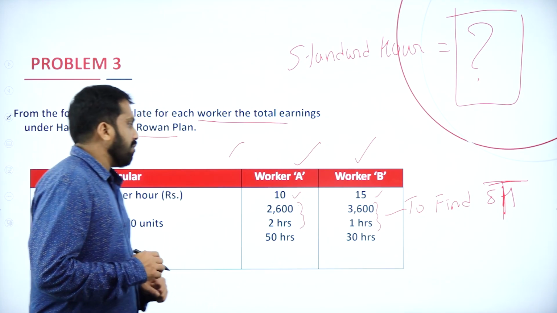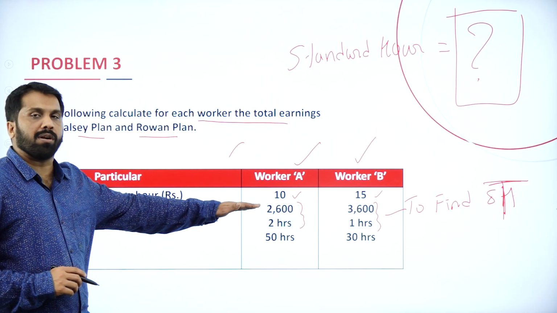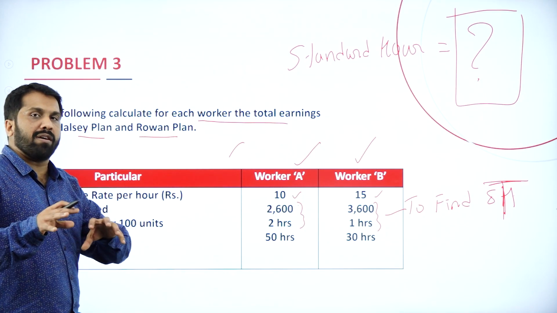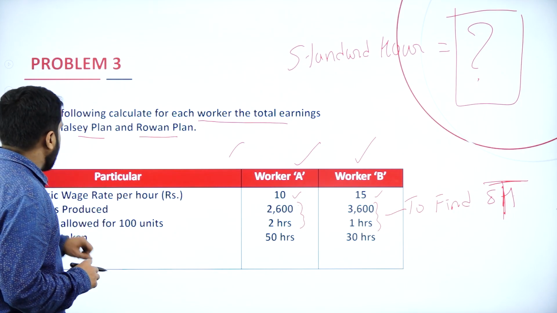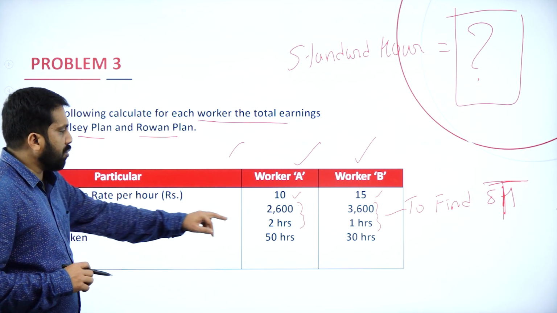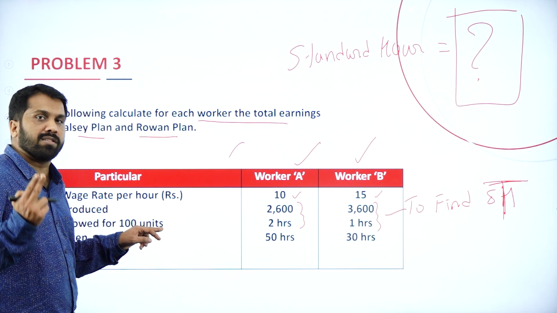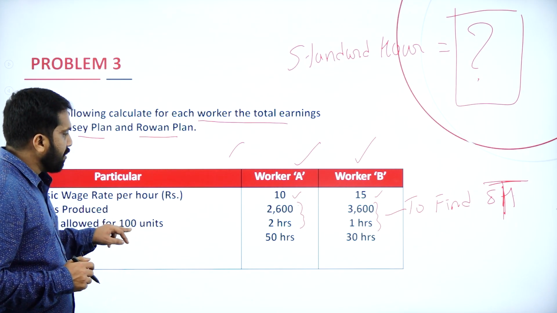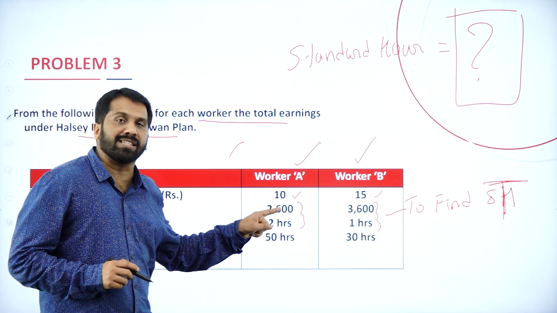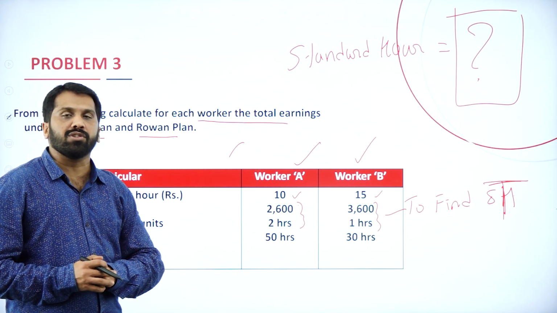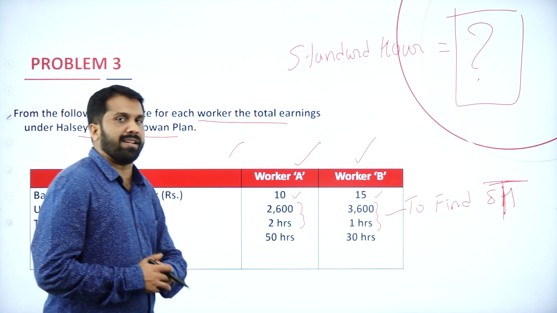Now, how to calculate? They have given the number of units produced. Like, common people will spend almost 2 hours to produce 100 units. You have produced 2600, so how many hours have you taken? I'll show you the calculation.